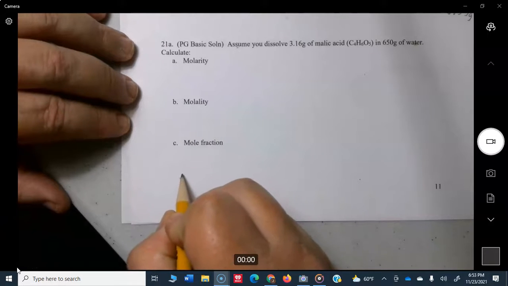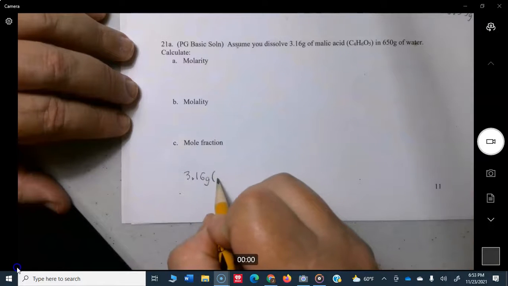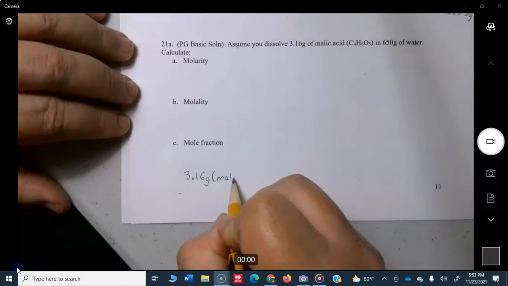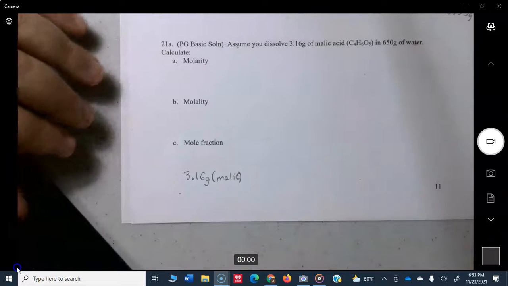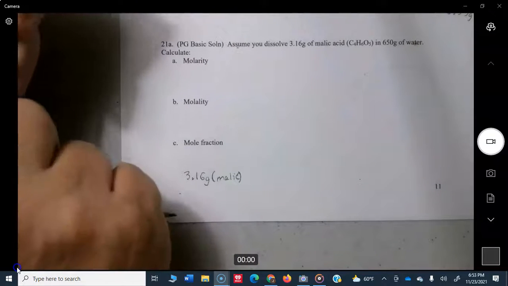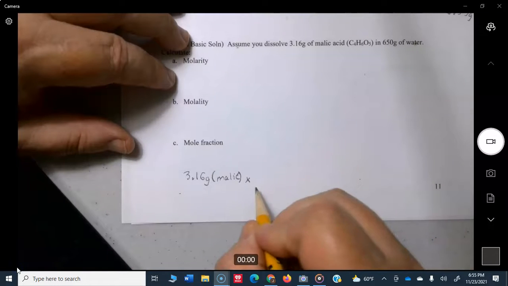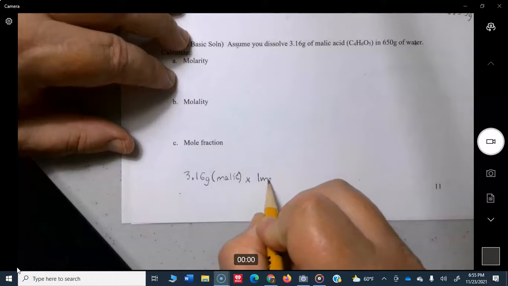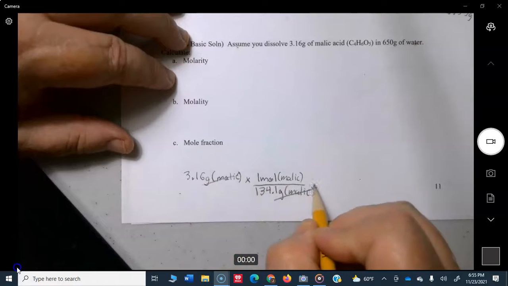So we have, and I'm going to refer to malic acid rather than that formula as malic. Okay, and we need to know the molar mass. So you want to learn to get to where you can do these fairly quickly in your head. Okay, and I was off by a little. It's actually 134.1. Grams cancels with grams.